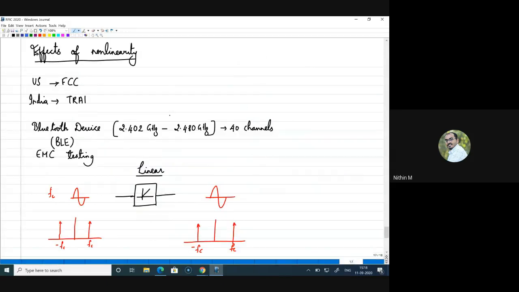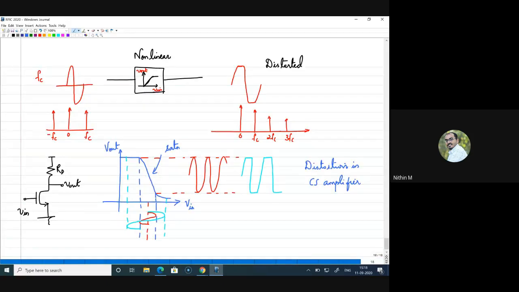Now, what is happening here? Depending on the input signal, if your input signal is large, your output signal is getting distorted, right? Because the system is becoming non-linear, behaving as a non-linear system.